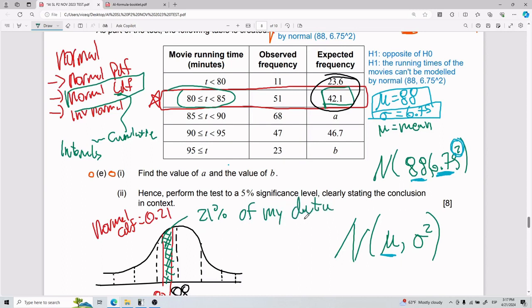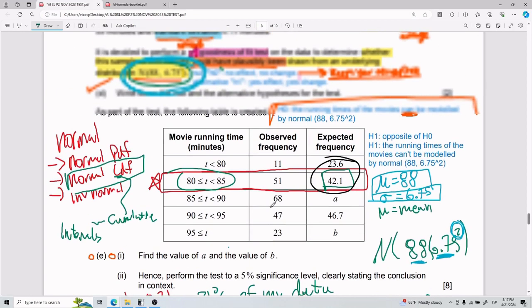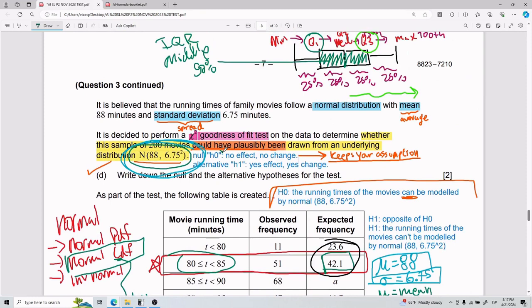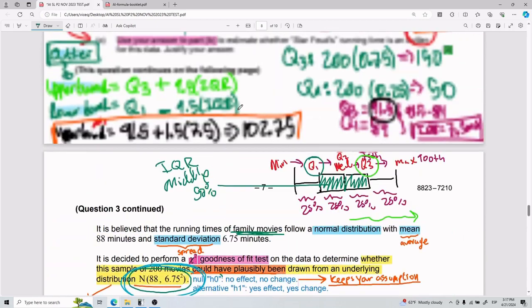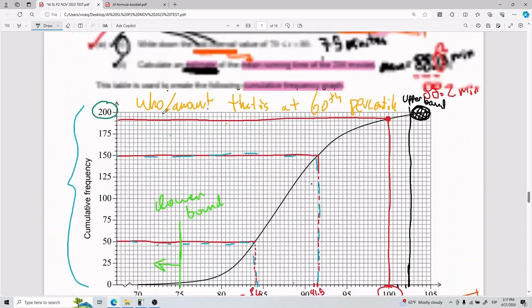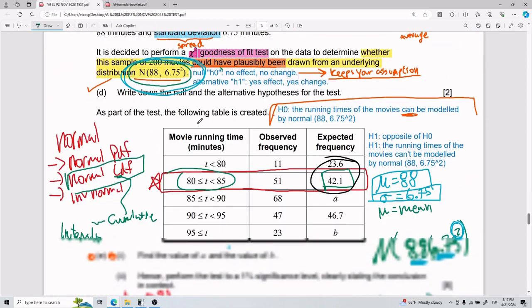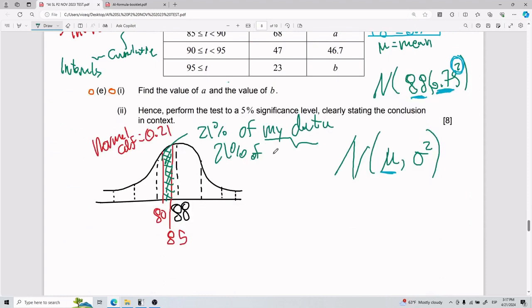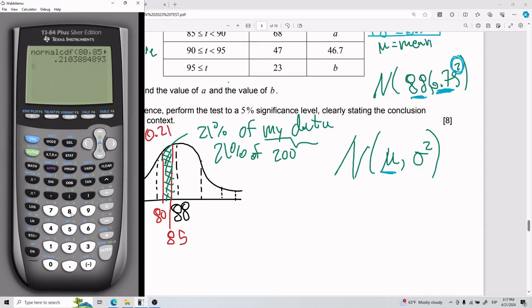Now, 21% of my data, what is my data? My data is the number of family movies. And so my number of family movies, as we saw way earlier, is 200. So 21% of 200, 200 times this amount, the 21.